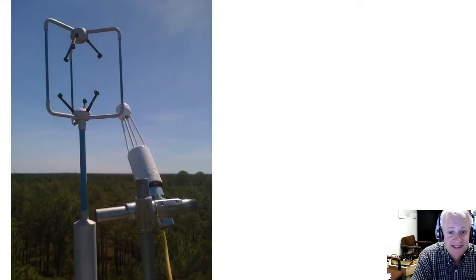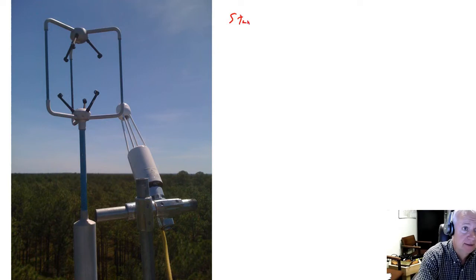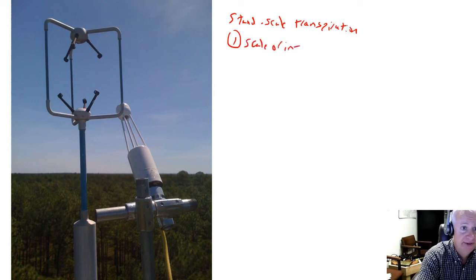So moving up to the stand scale, when we're thinking about stand scale transpiration, there are a couple of commonly used approaches. One would just be to scale or integrate sap flow data.